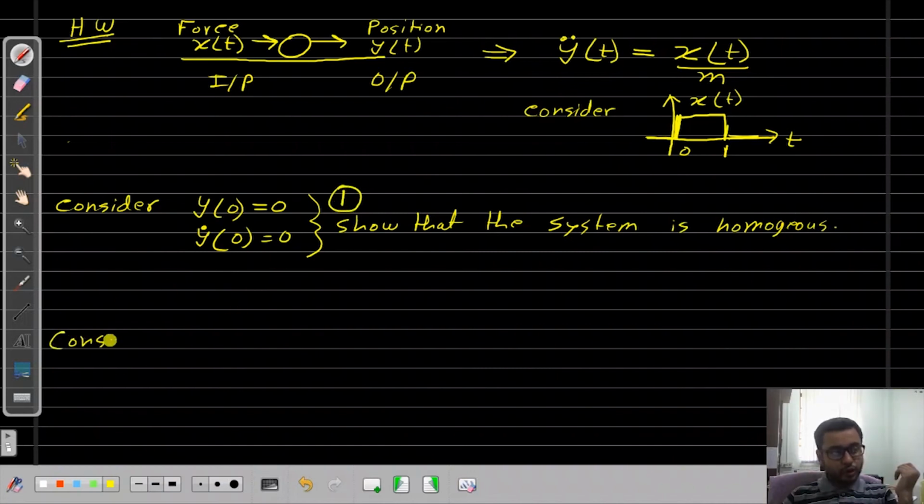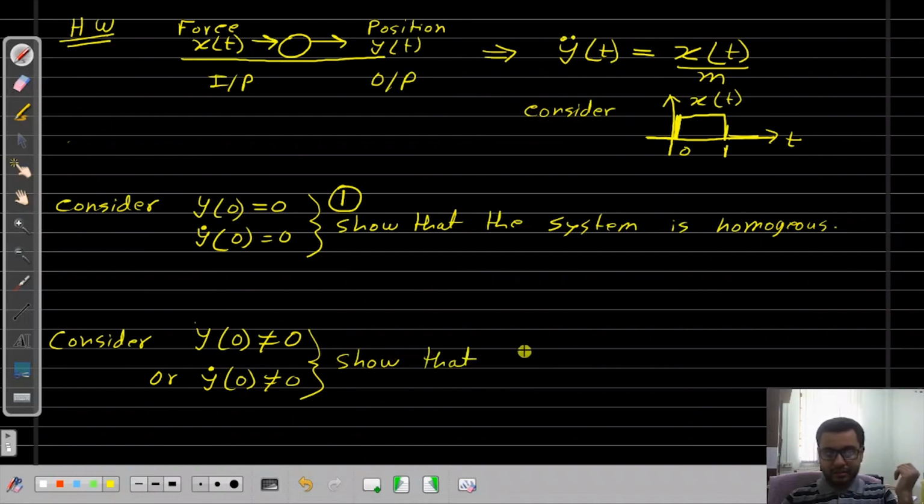Next, after that, you consider, say, initial position y0 not equal to 0 or initial velocity not equal to 0, so that homogeneity is not verifiable here. I mean, so that the system apparently looks like non-homogeneous.